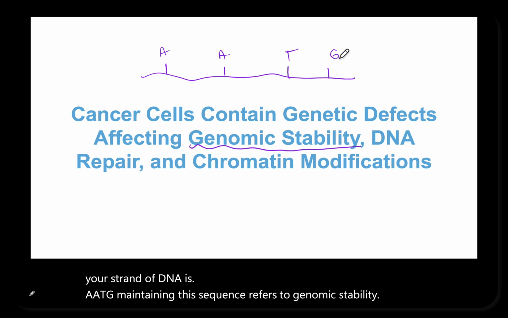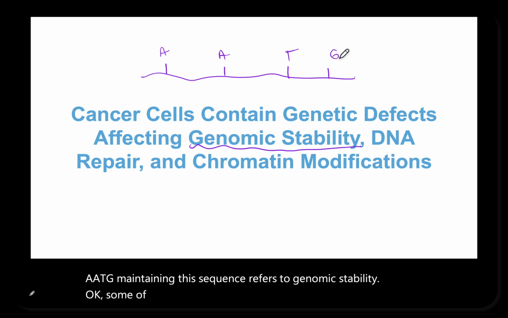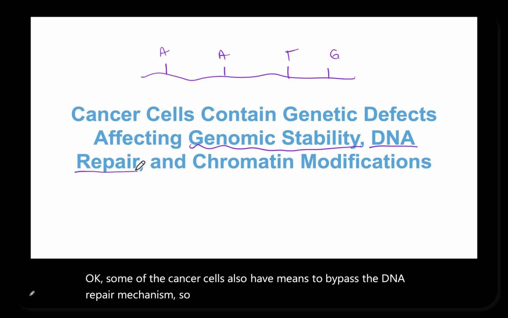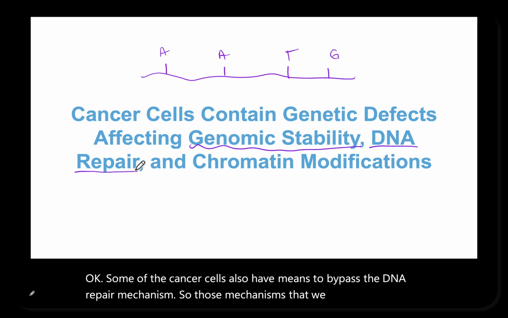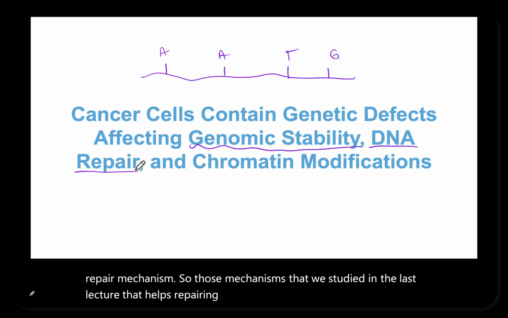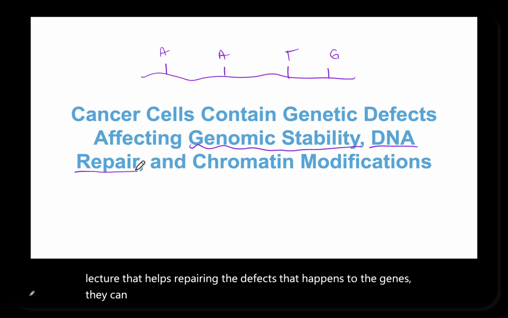Some of the cancer cells also have means to bypass the DNA repair mechanism. So those mechanisms that we studied in the last lecture, that help repair the defects that happen to the genes, can be bypassed by cancer cells.